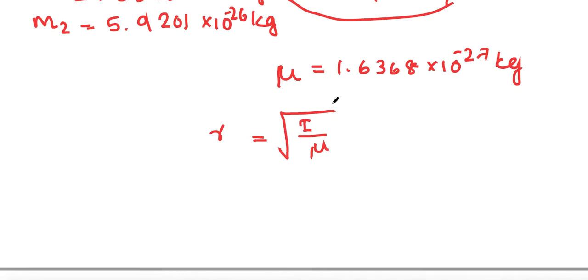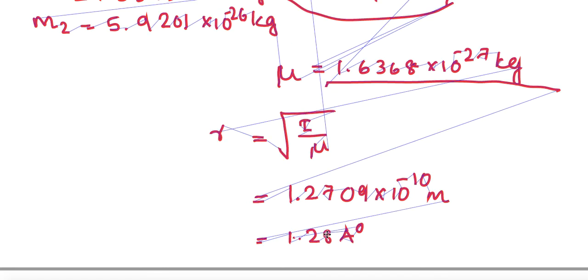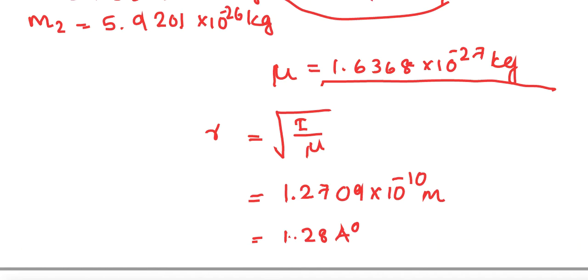And now we have calculated mu here also. So substituting, we get the answer as 1.2709 into 10 raised to minus 10 meters, or 1.27 Angstrom.